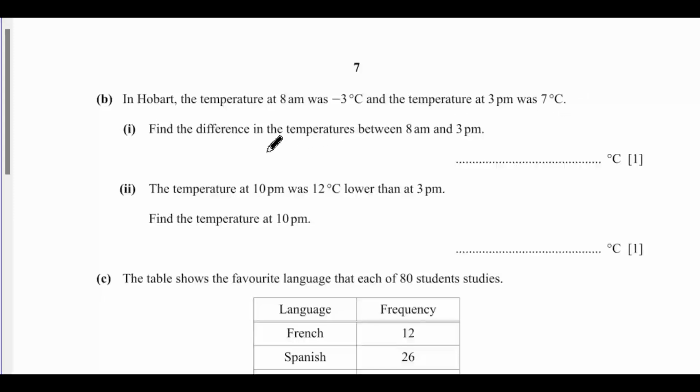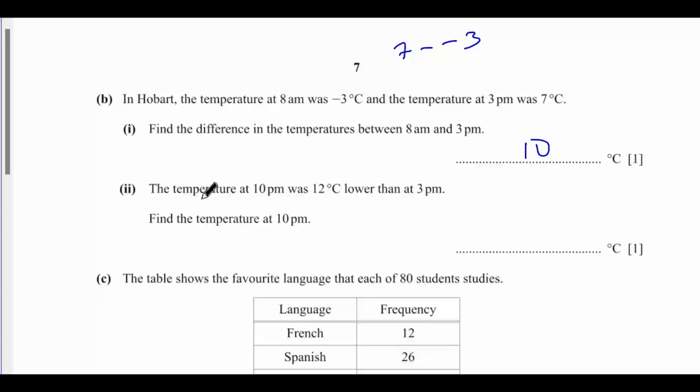Find the difference in the temperature between 8 a.m. and 3 p.m. So this will be 7 minus -3, which gives you the answer 10. Since you want to get the difference there, from -3 to 7, if you count, the gap or the step will still be 10.